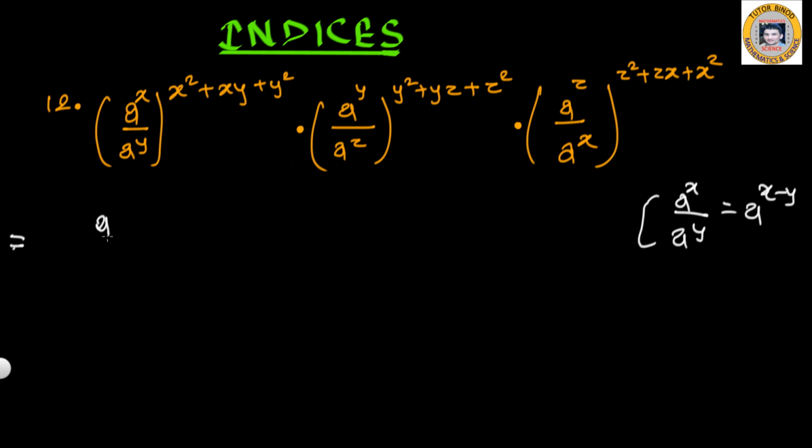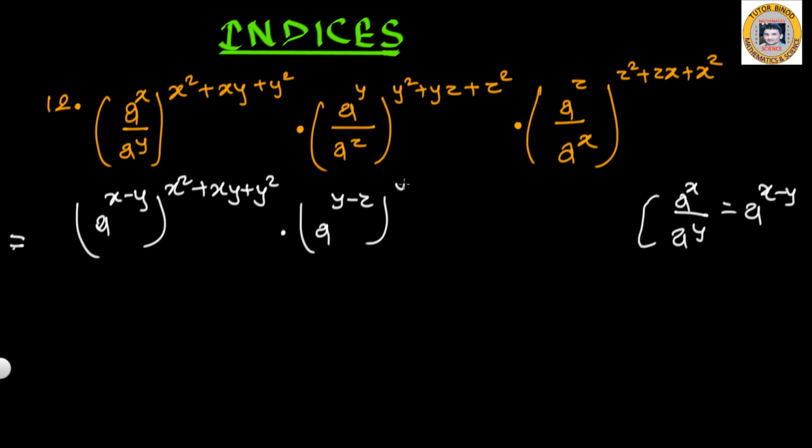So this would be a to the power x minus y raised to the power x square plus xy plus y square. Similarly, the second term would be a to the power y minus z raised to the power y square plus yz plus z square. Similarly, the third term would be a to the power z minus x raised to the power z square plus zx plus x square.